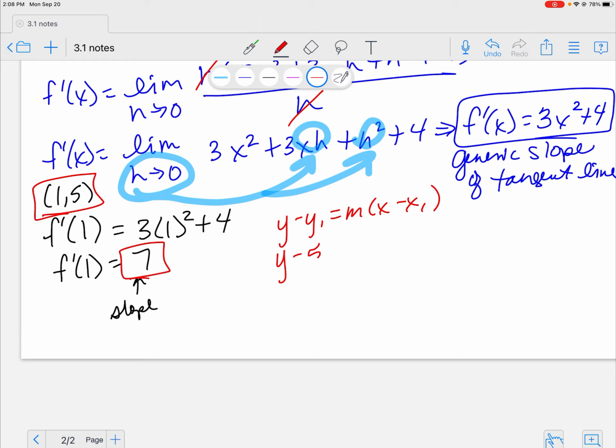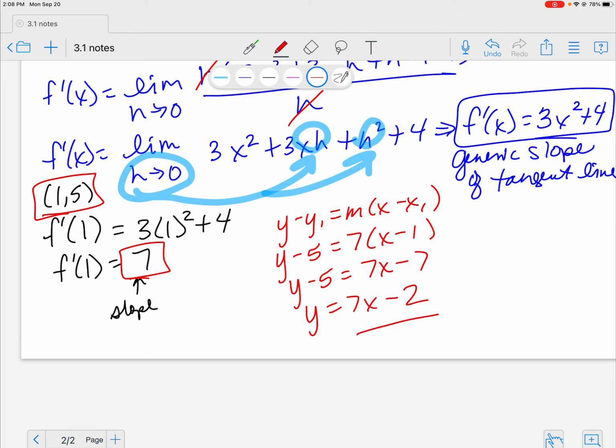So y minus 5 is equal to 7 times (x minus 1). y minus 5 is 7x minus 7. And y is equal to 7x, you're adding 5, so minus 2. So the equation of the tangent line at that point for that function is y equals 7x minus 2.